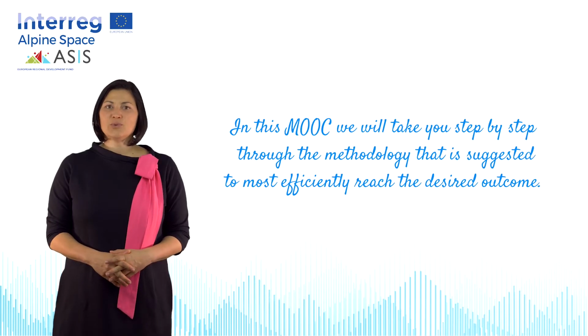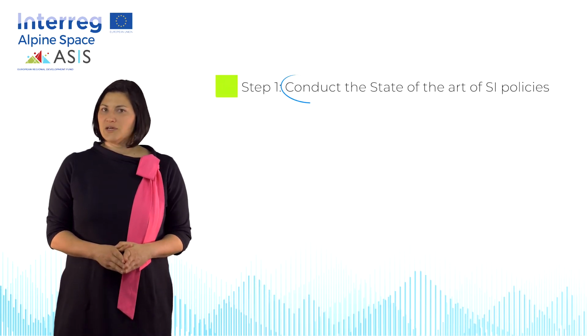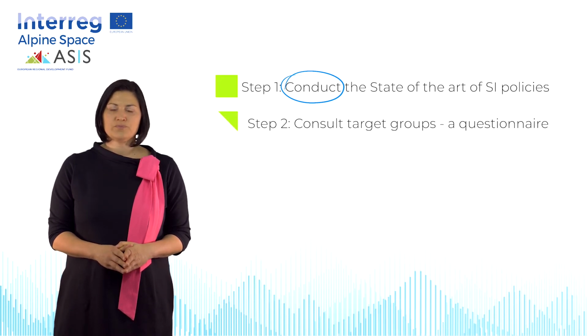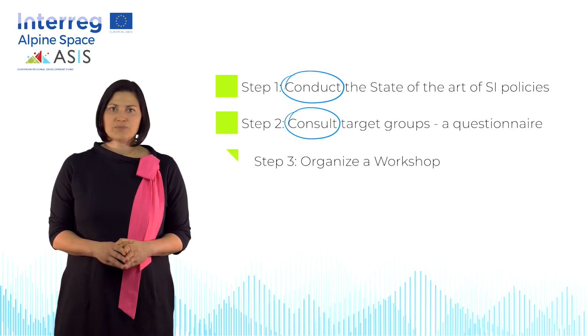In this MOOC, we will take you step by step through the methodology that is suggested to most efficiently reach the desired outcome. Step 1. Conduct the state-of-the-art of SI policies to see which challenges have already been addressed. Step 2. Consult target groups with the help of a questionnaire to later propose new policy orientations, instruments, and methods. Step 3.